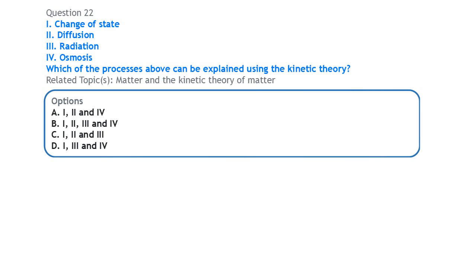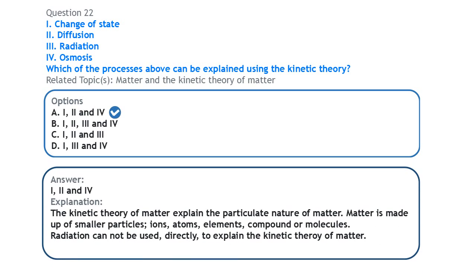Next, which of the processes above can be explained using the kinetic theory? The kinetic theory of matter can be used to explain the change of state, that is, the change in the phase of substances from solid to liquid to gas.